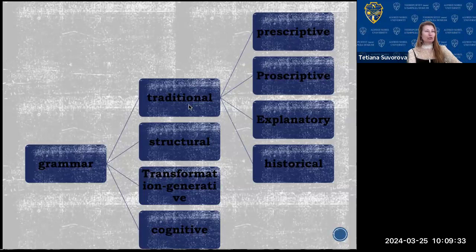Within the traditional grammar, we speak about prescriptive and proscriptive. Prescriptive, you understand? Proscriptive is about other languages, like English, or the Latin language, you see? So it's like prescription and proscription, how to use it. Explanatory is the first attempt to describe and explain something.